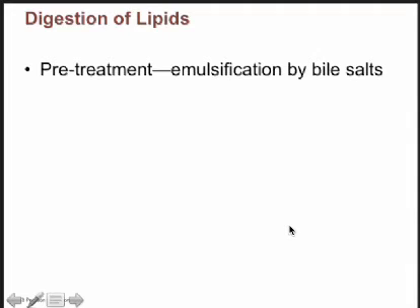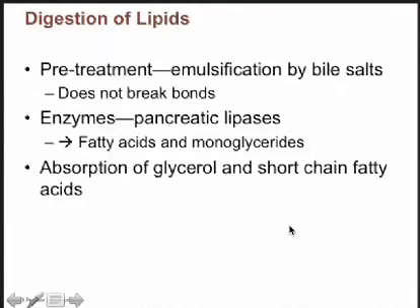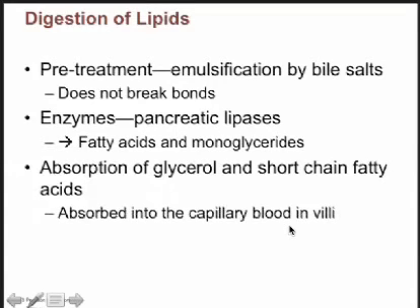At that point, bile salts will be introduced into the duodenum via the gallbladder, and this helps to emulsify these large fat droplets into tinier droplets so that the lipase that's coming from the pancreas can effectively break down the fat. Once the lipase acts, the fats are broken down into fatty acids and monoglycerides, and then we have absorption of glycerol and short-chain fatty acids right across the lining of the small intestine.